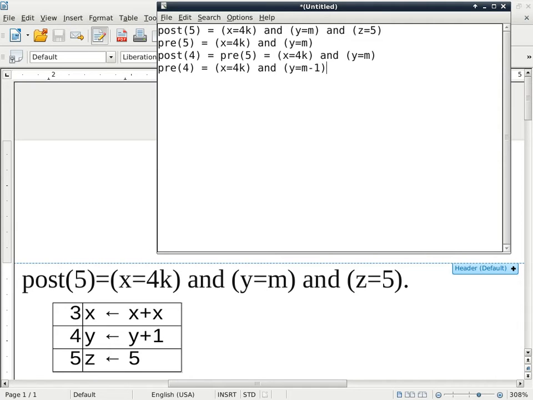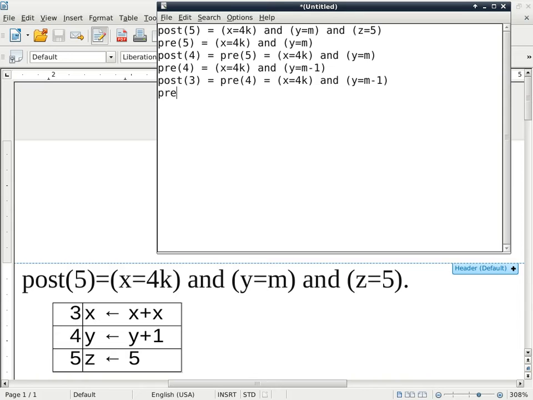You can say y plus 1 equals m. Yeah. All right, so that's done. We just have to establish the connection to the previous line, which is line 3. Post-3 is the same as pre-4 because they are sequential. I'm just restating what we already know.